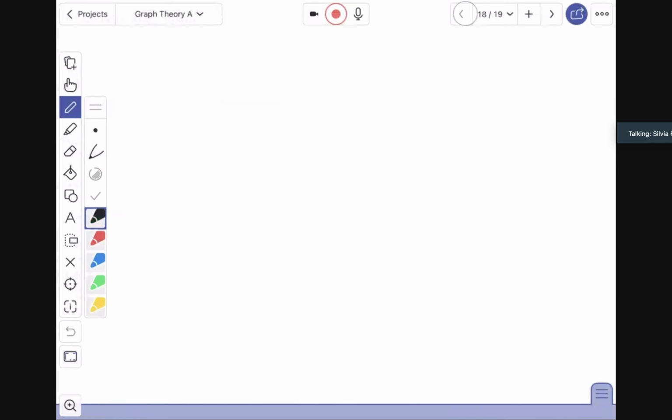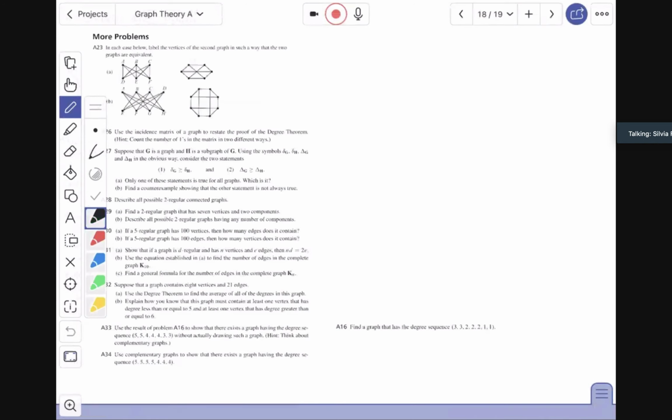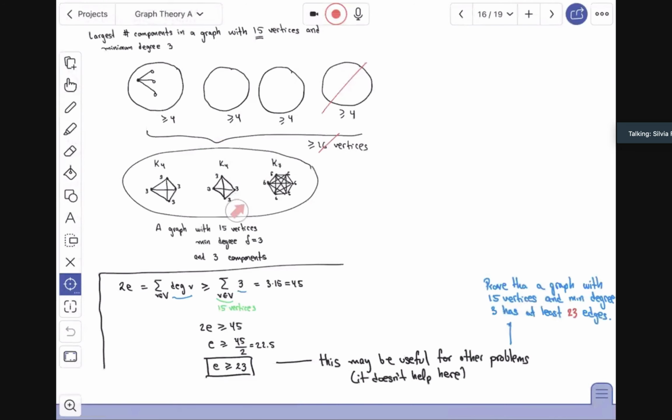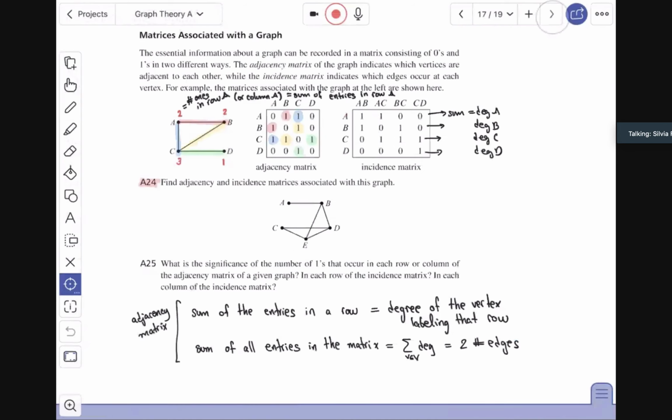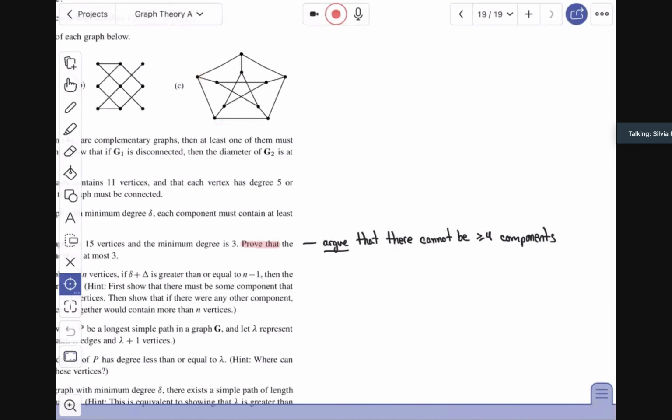Just in case, I'm talking about this problem we went over, right? That's exactly the same problem. 15 vertices, minimum degree 3. And it's asking about the number of components. So you have to argue that there cannot be 4 or more components.